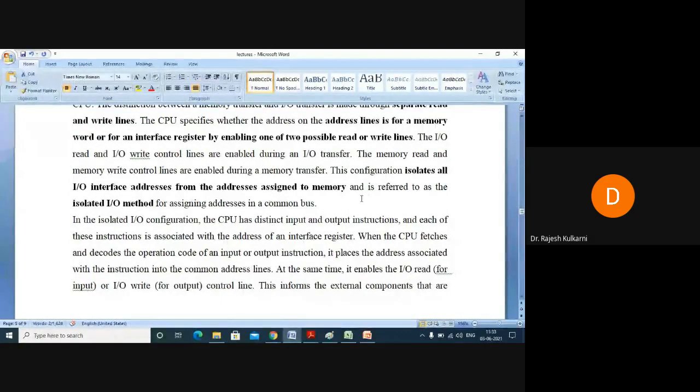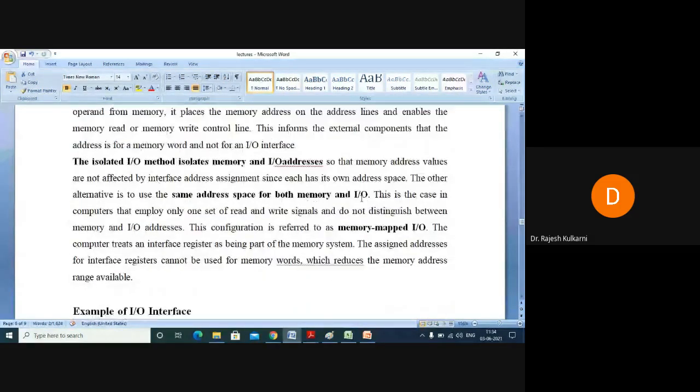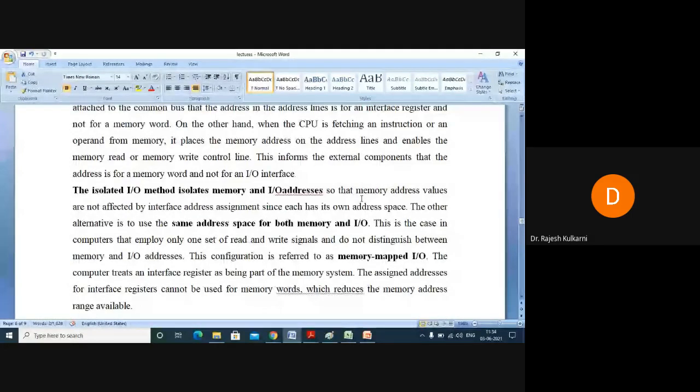If somebody who is listening keenly or who has read the textbook wants to answer the difference between the isolated input output method and the memory mapped input output method, you are welcome. Can somebody take this up?